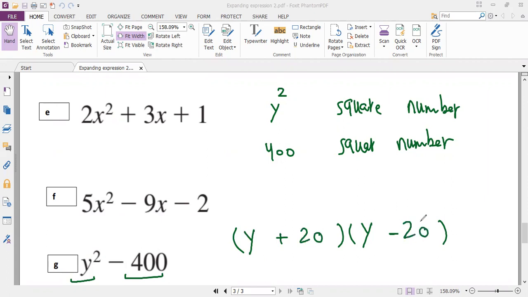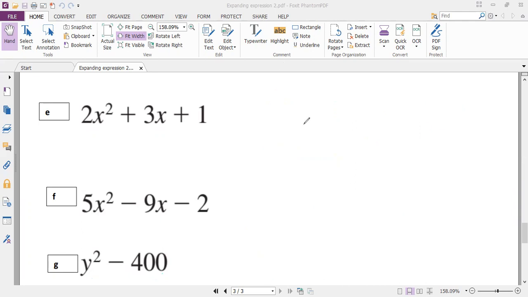Because I'm trying to multiply two brackets which are the same but different in signs, because that leads to getting two terms. Let's multiply them again. y times y, it's y squared, and the second by the second, it's negative 400. And what is in the middle? You will see that the middle, the extremes plus the means, it will be 0, so it's y squared minus 400.